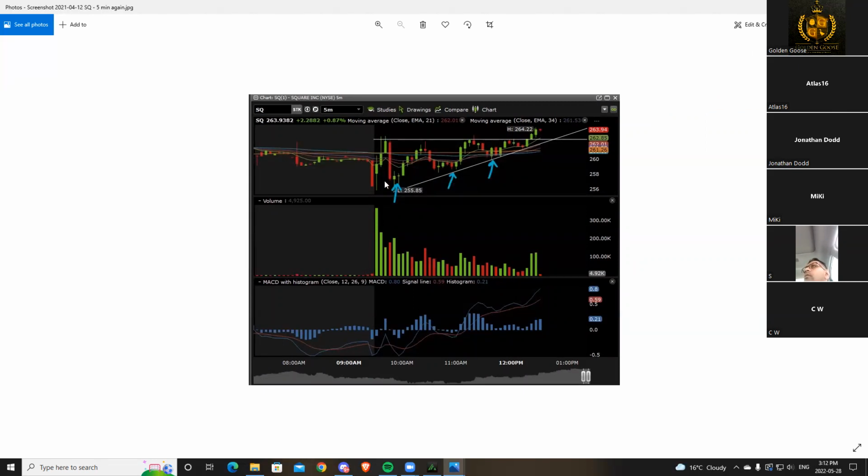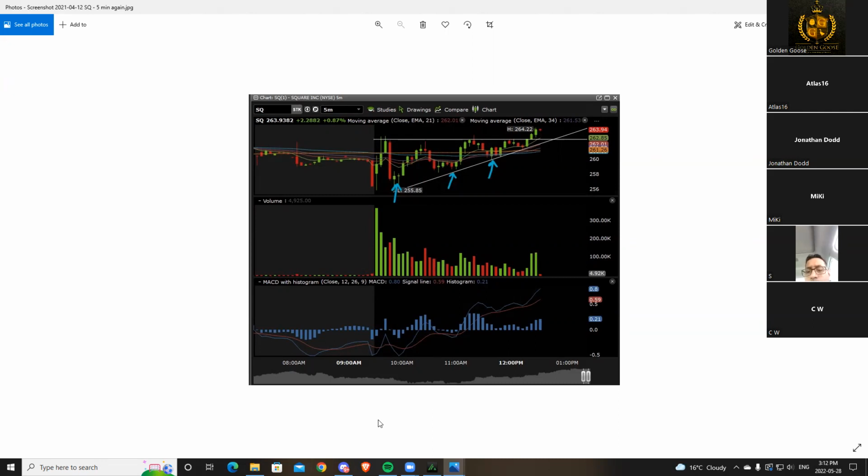These 2 candles right here may not look like a hammer candle per se, but if you look at it on a 10-minute chart, it's actually a hammer candle, just because of where it closed.